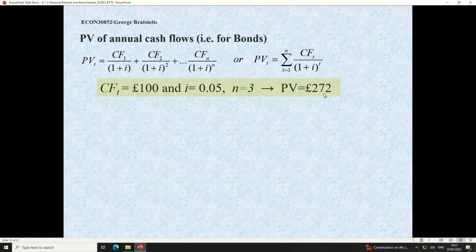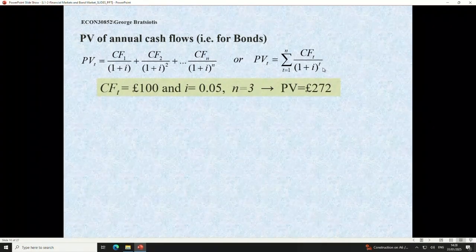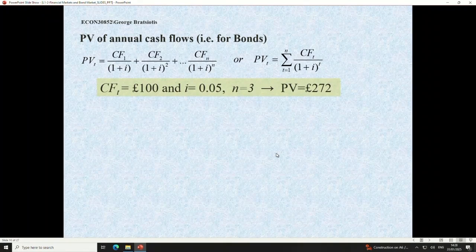You will find out that in 3 periods, if n is 3, it will be 272. And of course, this is the present value. I can summarize this to n periods, or I can put it to 3. I don't want to be repeating myself. We've done maths to make our life a little bit easier. I can write this with the summation term.